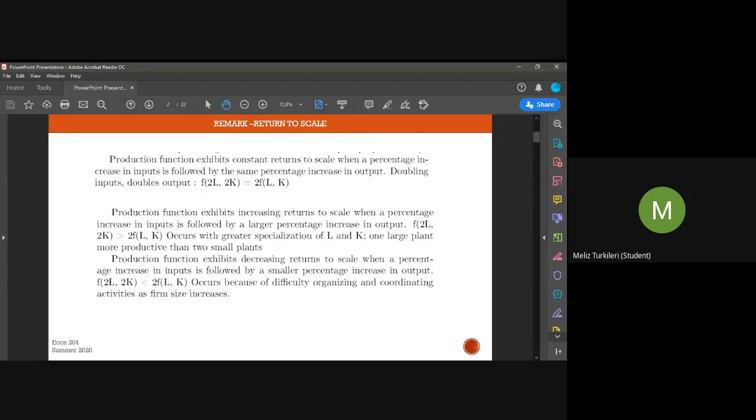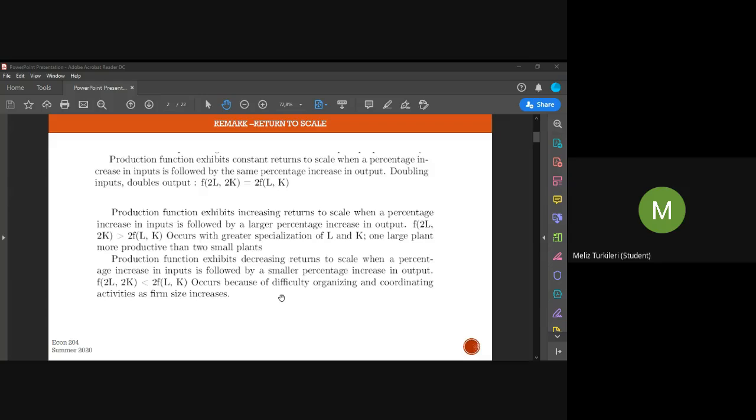Okay, I have a little remark for you. Let's think about the return to scale. Okay, what is constant return to scale? You can think like that. We have a production function, and we have inputs and outputs of that production function, of course.